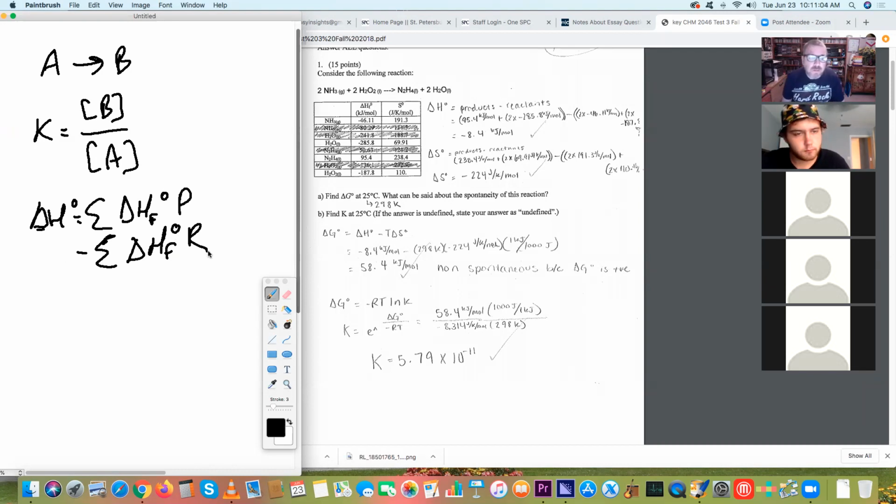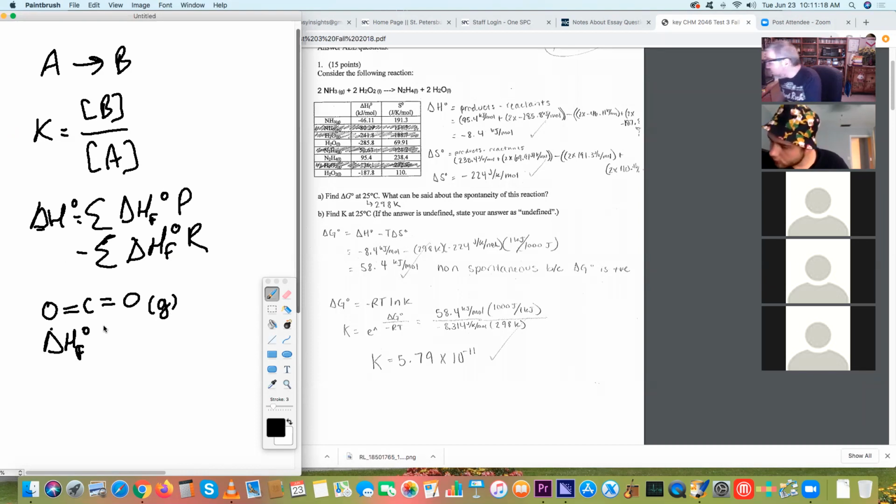So the heats of formation are the heats of formation themselves. So let's say we had the heat of formation of CO2 gas. The heat of formation, in a nutshell, is really just the energy tied up in these bonds. That's all we're looking at here.